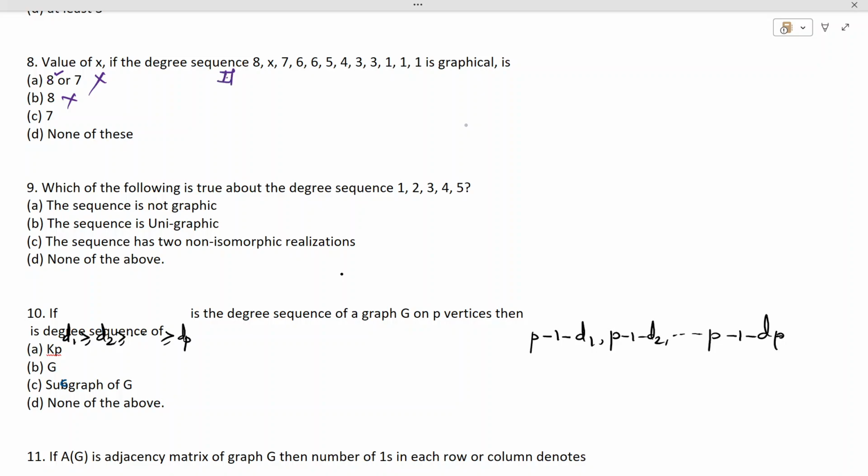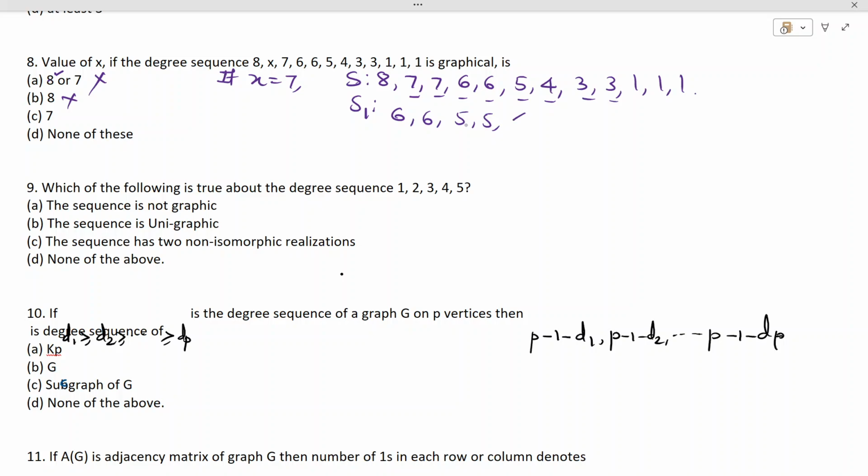So if x is equal to 7, then the degree sequence S is 8, 7, 7, 6, 6, 5, 4, 3, 3, 1, 1, 1. By applying the Havel-Hakimi algorithm, the new sequence S1 is 6, 6, 5, 5, 4, 3, 2, 2, 1, 1, 1.